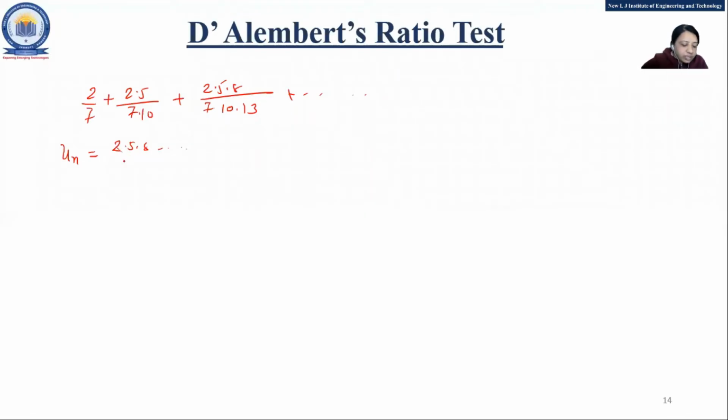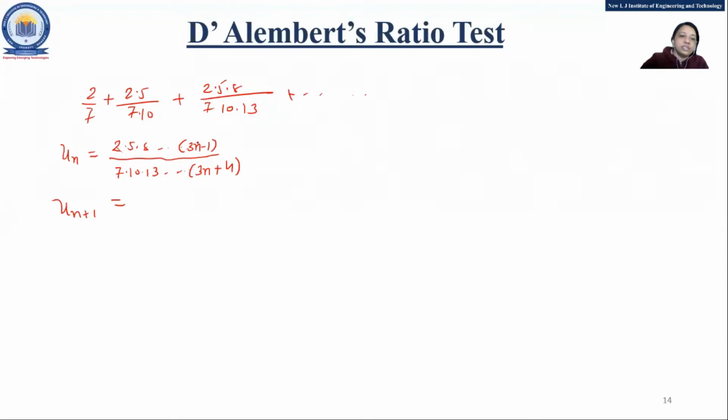The difference is 3. In each one you can see the difference is 3, so 3n minus 1 you will get in that way. Here 7, 10, 13, so that is 3n plus 4. This is my un plus 1.